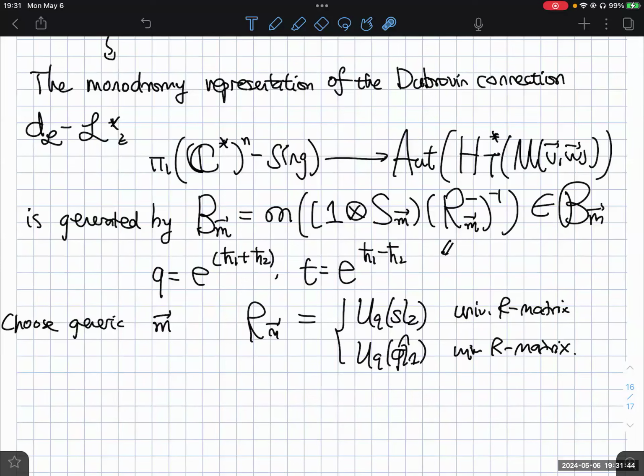But this is some kind of general procedure, and you can't know which kind of ingredients you have in this connection matrix or the monodromy matrix. The key thing here is that this monodromy matrix is like an infinite product of these monodromy operators.